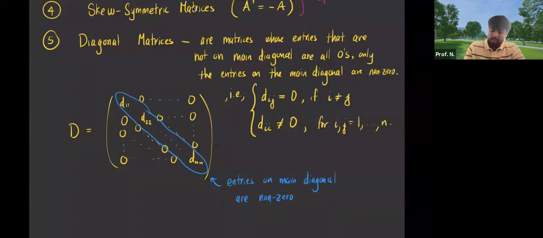So for every diagonal matrix, when the indices are different, the rows and columns are different, you have zeros, and when they are the same, then you have non-zero. That's a diagonal matrix.